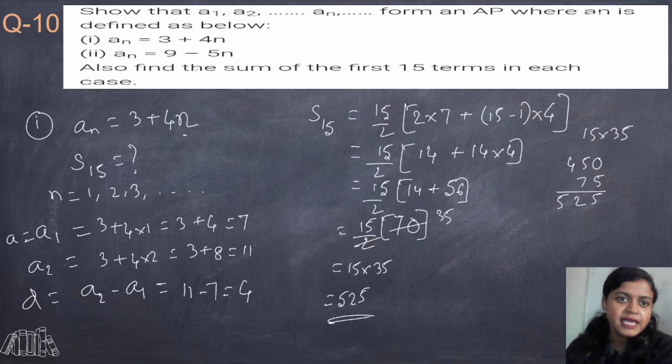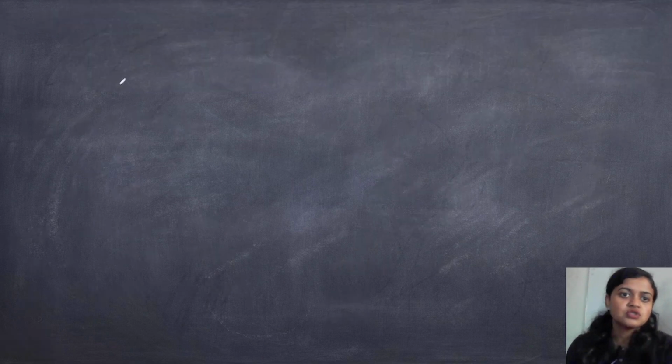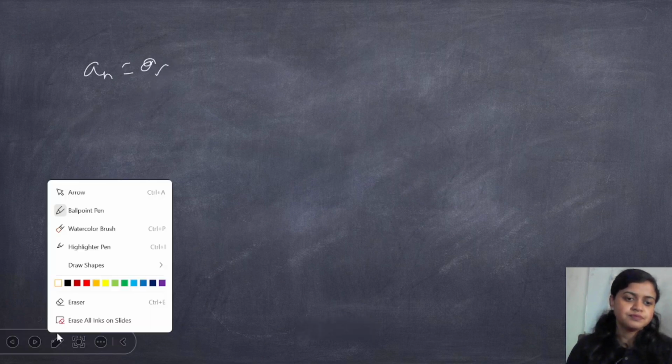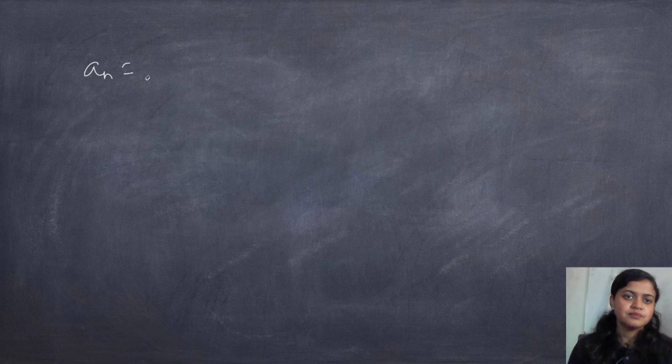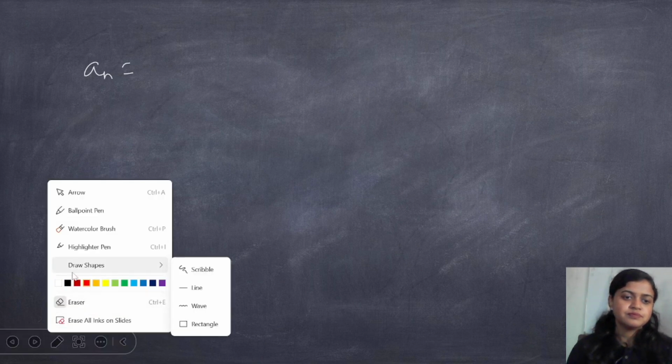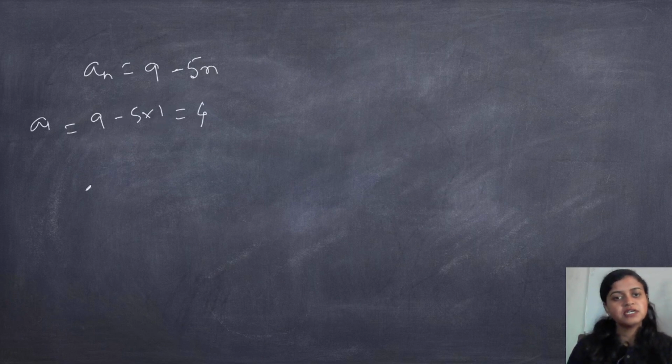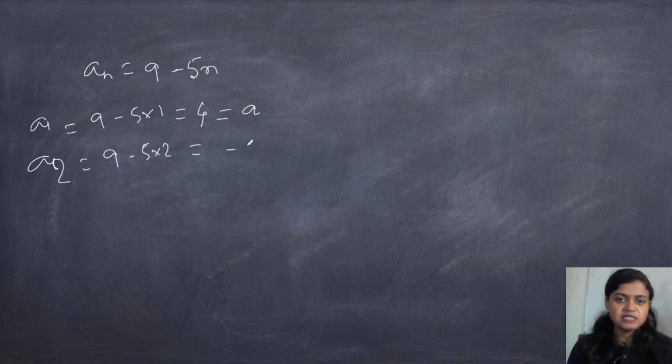And the next, AN equals 9 minus 5n. So we'll find A1 equals 9 minus 5 into 1, that is 9 minus 5, that is 4, and that is A. And A2 equals 9 minus 5 into 2, that is 9 minus 10, that is minus 1.